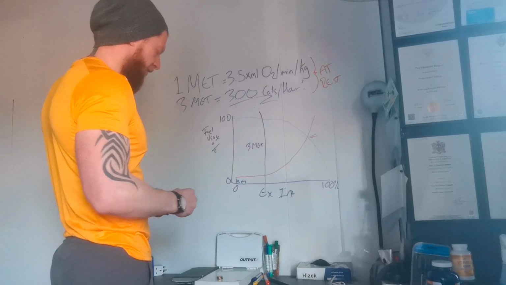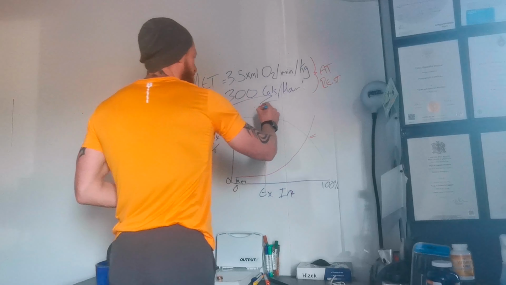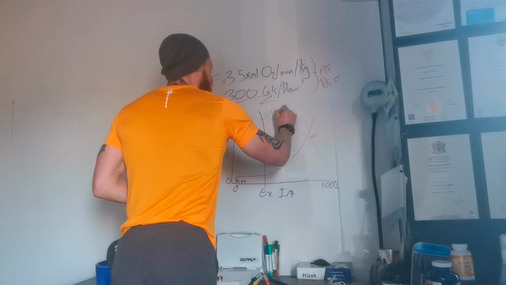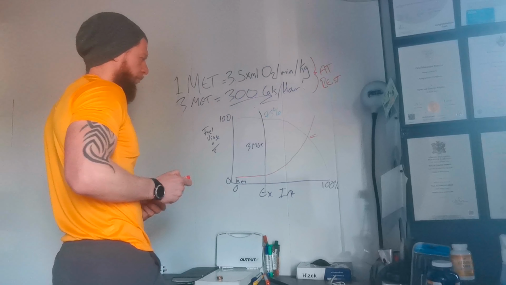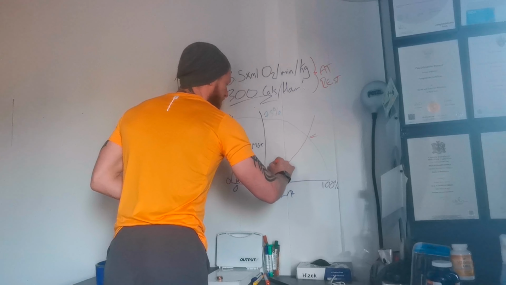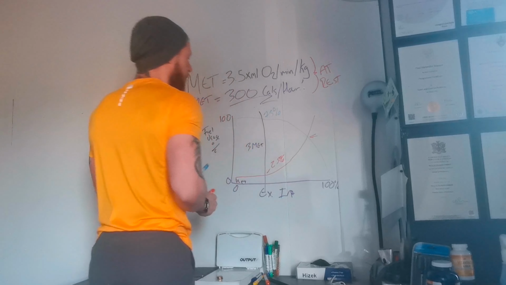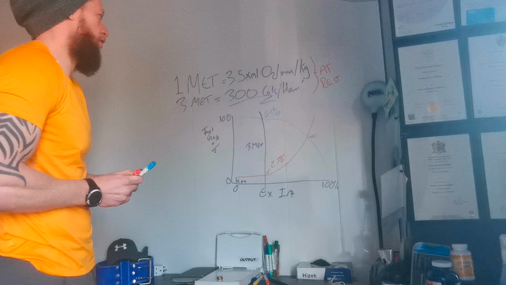But we've got this 3-met activity, and let's say at 3 mets we're using 75% from fatty acids. We don't need to worry too much about that 75%, because we've got enough stored body fat, but 25% of our fuel usage is coming from carbohydrates. Again, these are just rough numbers.